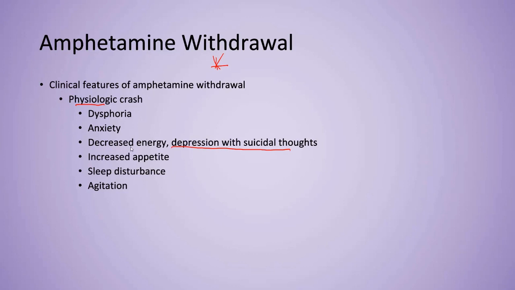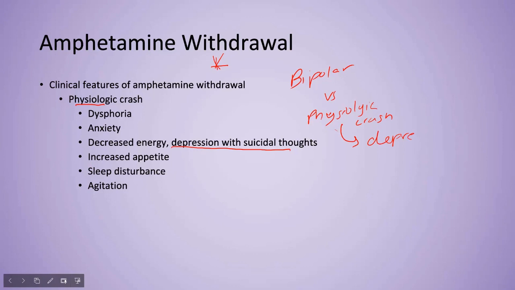So I've seen some questions where they try to make you distinguish between a person who could have bipolar or is going through a physiologic crash. Because he's going through physiologic crash, you could get confused that this is just a depressive episode.